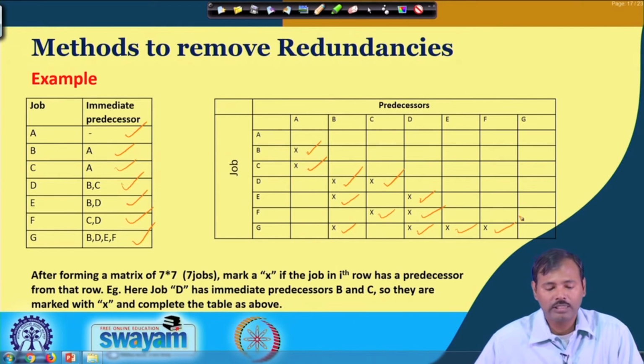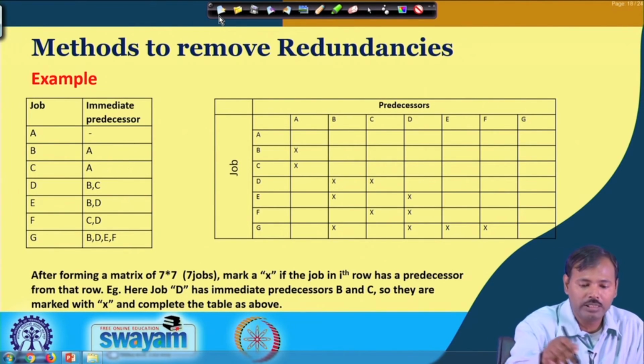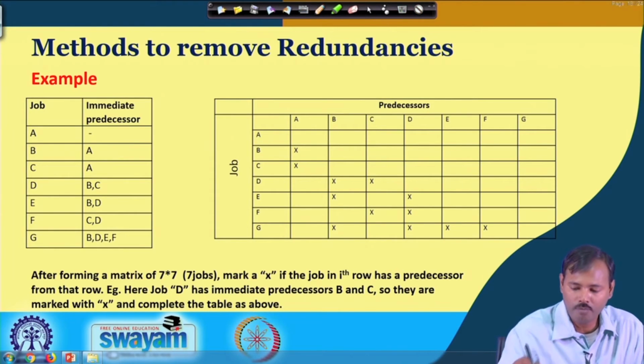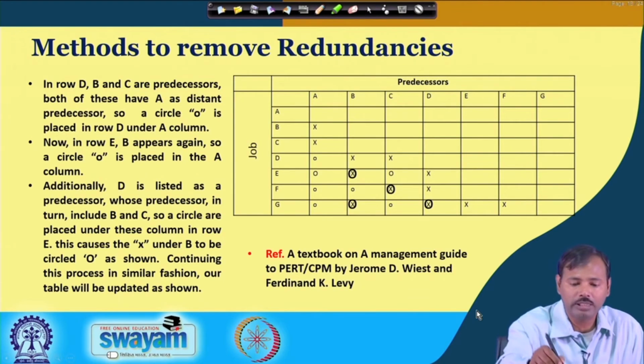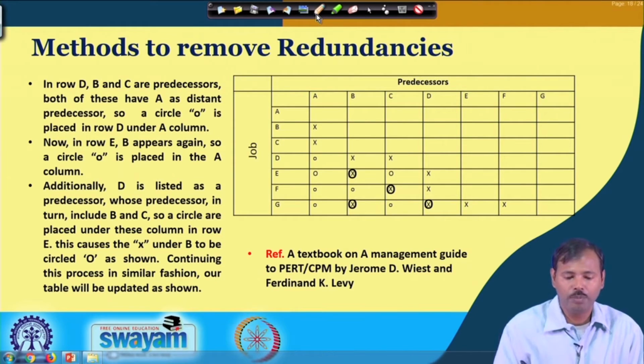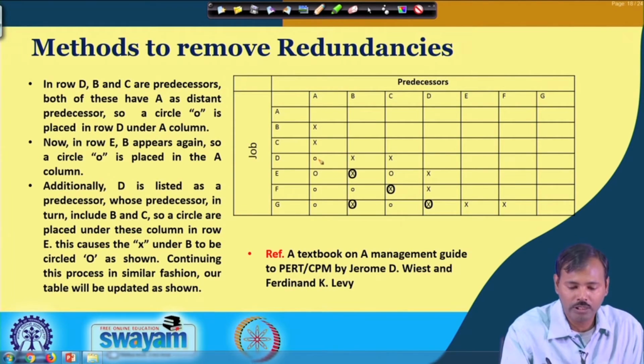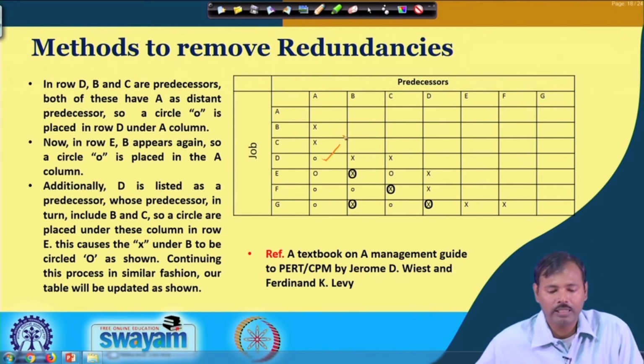Now, let us place the distant predecessors of this. After placing the distant predecessors, you can see when we place it for D, we have got a distant predecessor A here.